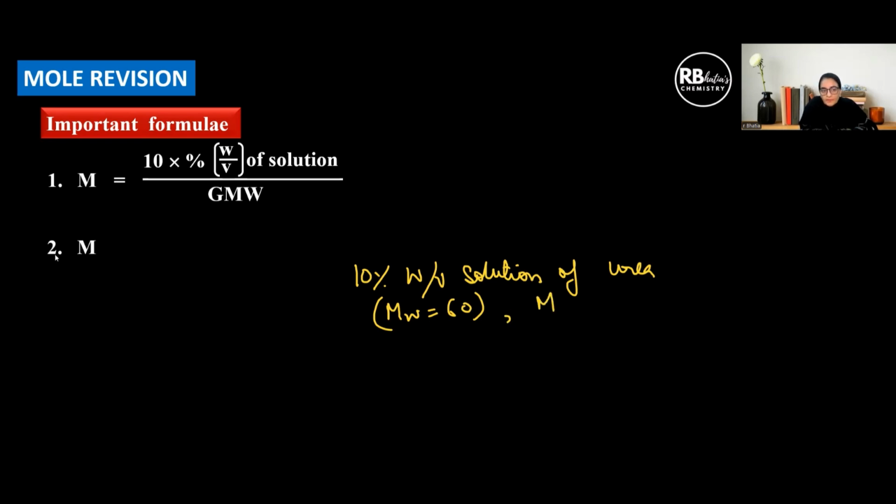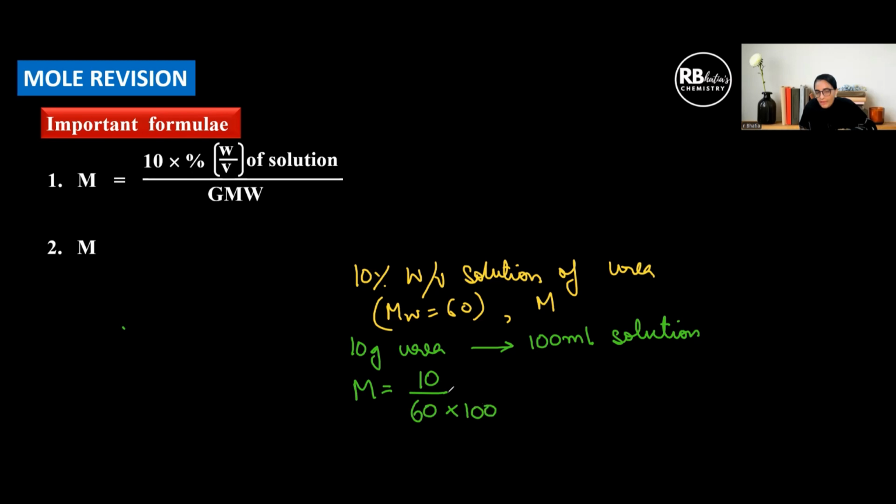Very simple. This information means 10 gram urea is present in 100 ml solution. Why? Percent means per 100 parts. You want molarity: weight of solute upon molecular weight of solute, here I'm going to put V ml and here 1000. This will cancel off and give us 10.